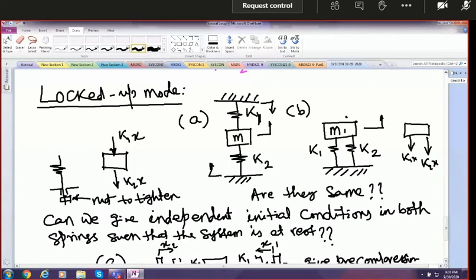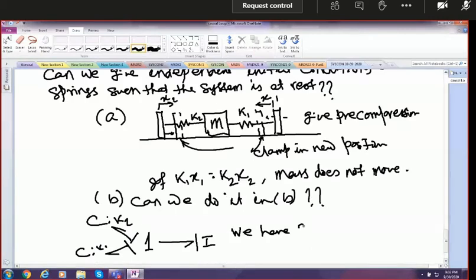If you draw the model, 1, I, E, T, K1, K2, causality, no problem in causality. We actually have three states, two for springs.